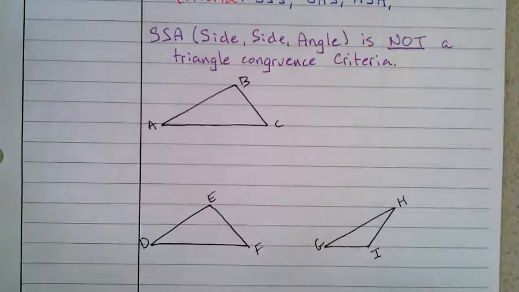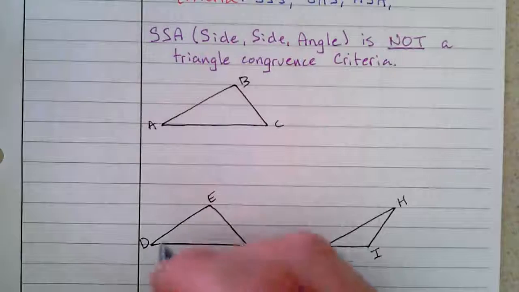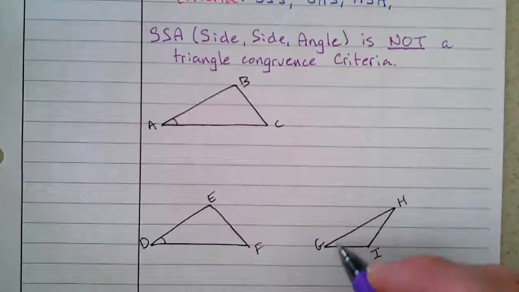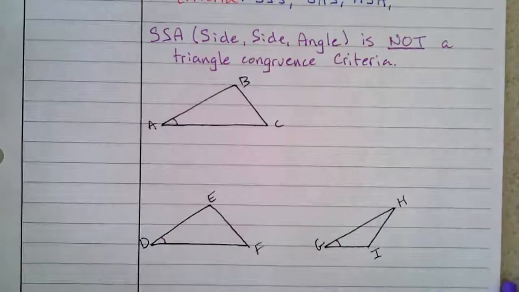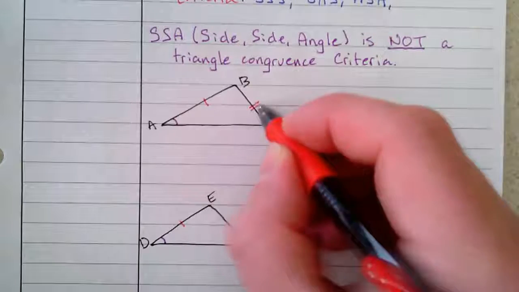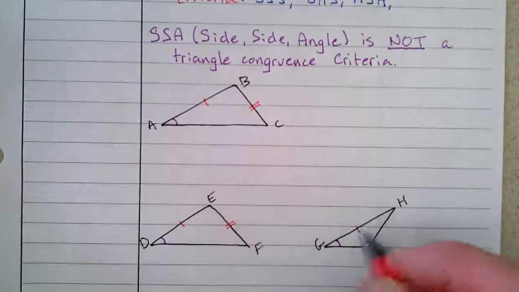And we will say that these 3 angles are all congruent, and that these sides are congruent.